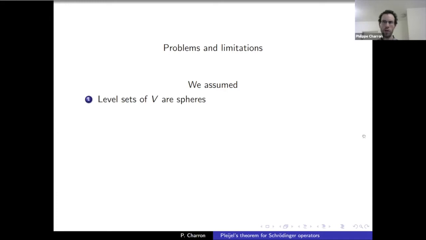When you have radial potentials, all the level sets are spheres, which is great geometrically, and also great because you have polynomials on spheres, which is an algebraic equation on an algebraic variety. So everything is tackled really well with those methods.